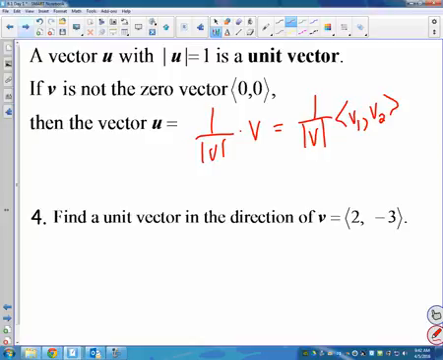Okay, so look at this one. Find a unit vector that's in the same direction as this. We're not going to change the direction. We just have to change its length, which means we have to change the components. So step 1 is we need to find its magnitude.